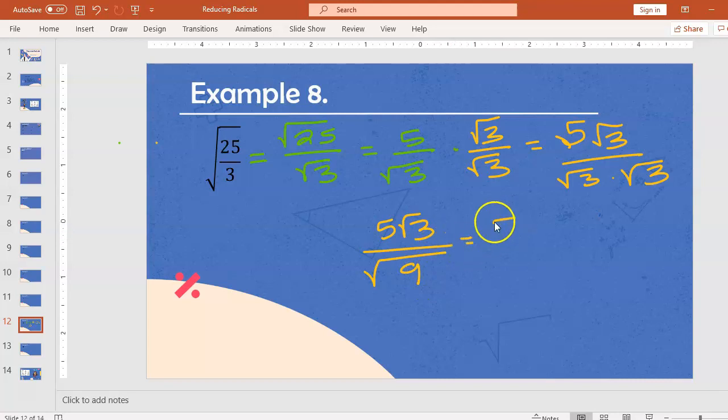If you look at this, what is the square root of 9? The square root of 9 is 3, right? And that's the whole point when we're rationalizing that denominator, to multiply it by itself to get rid of the radical because we have a pair of 3's here. And we are finished. 5 root 3 over 3, that cannot be reduced any further.